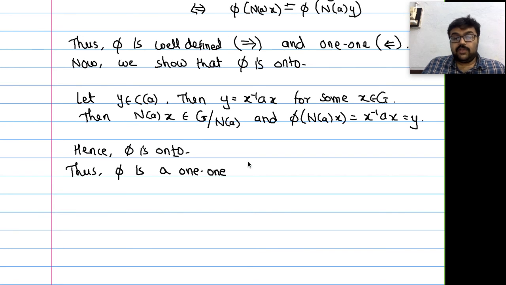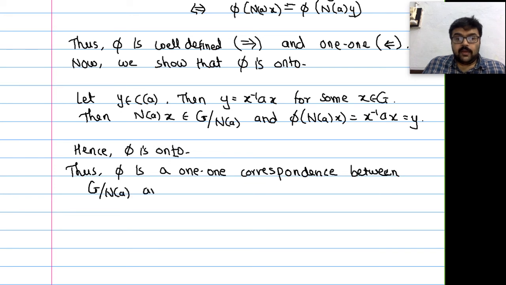It's a well-defined function which is a 1-1 correspondence. 1-1 correspondence means a 1-1 and onto function. So phi is a 1-1 correspondence between G quotient NA and CA.